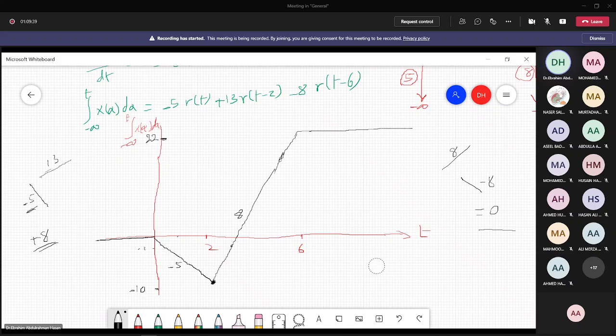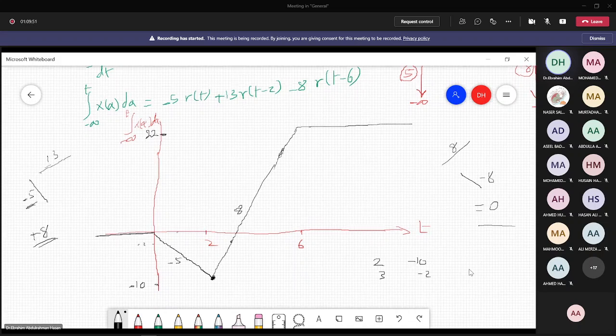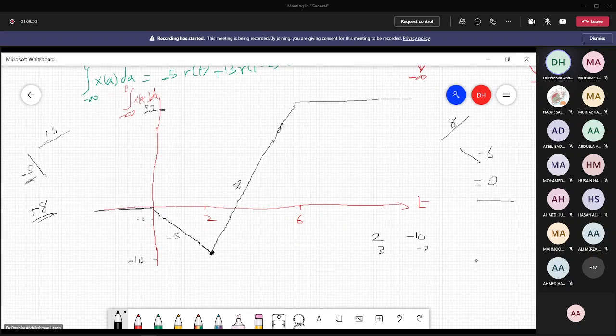Okay, as we said, at 2 it is equal to minus 10. At 3, it is equal to -2. So slope equal to 8 means that we add 8. At 4, it is -2 plus 8, so 6. At 5, 6 plus 8, 14.